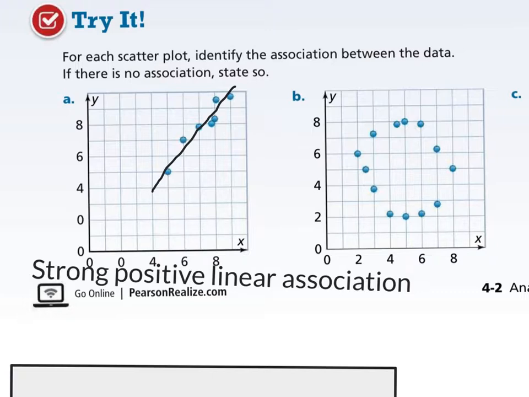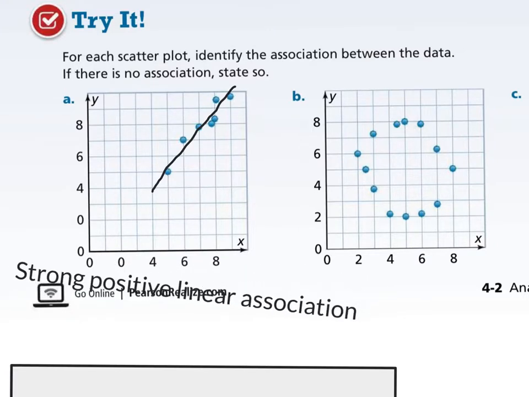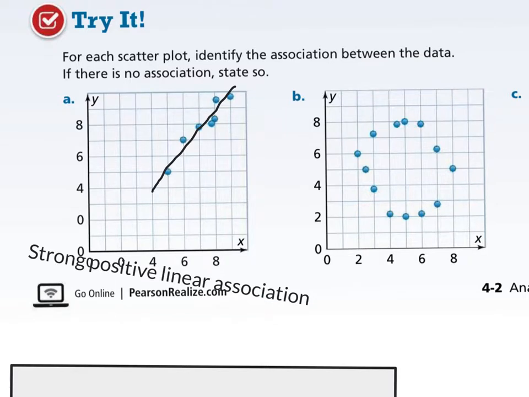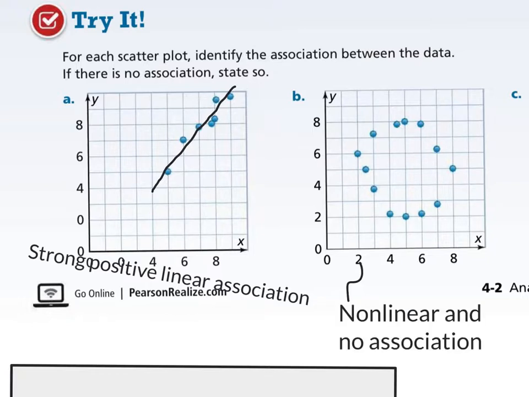If we look at our second graph, these points are kind of just scattered around. I can't really even try to draw a line that's going to go through. So this we could say is going to be nonlinear. And also, since there's really no pattern, no rhyme or reason to where these points are, we would say that's no association. So nonlinear, no association. If it's no association, we're not going to say strong or weak.